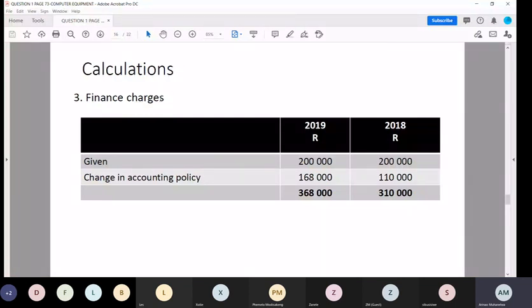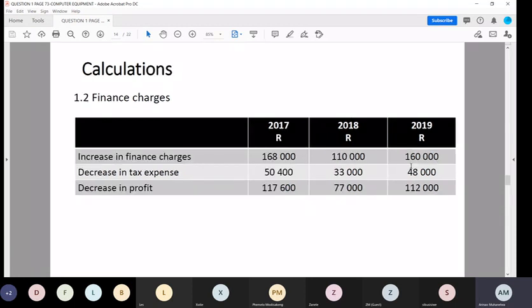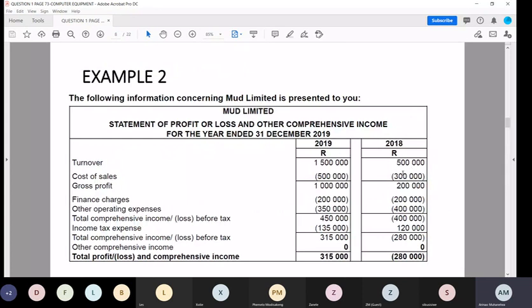So when it comes to finance charges, we are given the amount of 200,000. Where do I get this amount from? Here's the amount, finance charges 200,000. Yes, it is given.